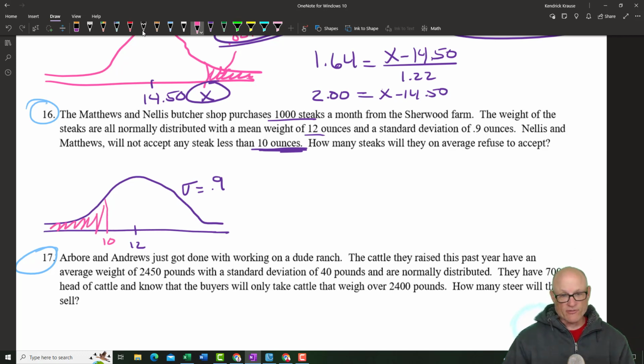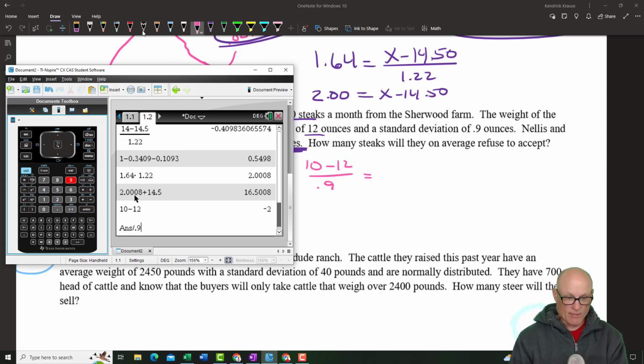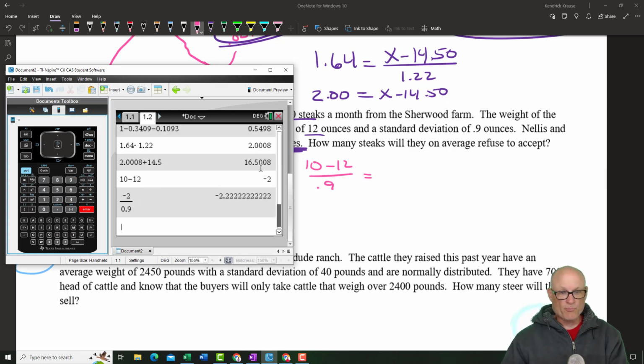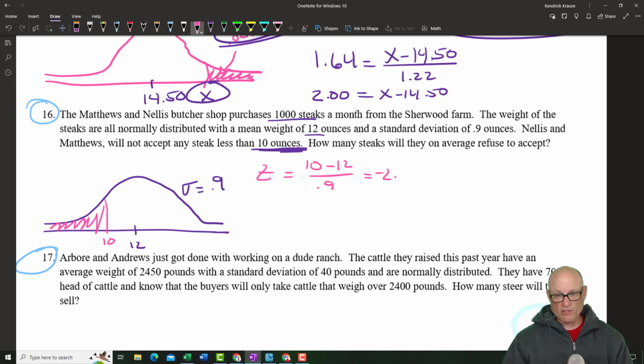So all right, let's run the z-score. Z equals 10 minus 12 divided by 0.9. I can't believe I just did that. Negative 2.22.